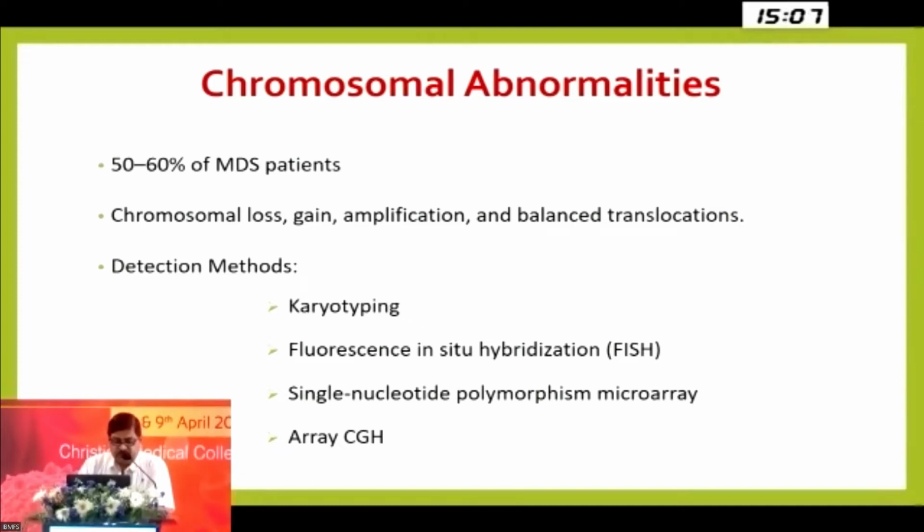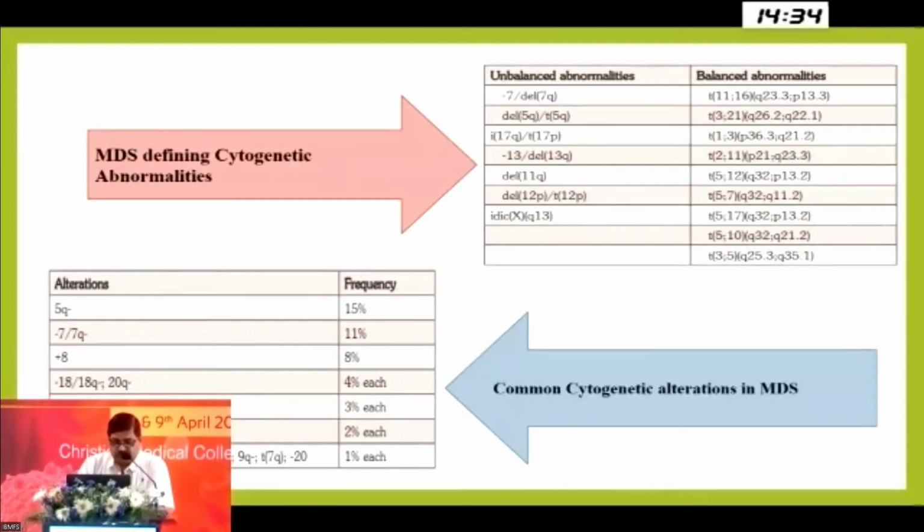And I think karyotyping is soon going to be replaced by the high density arrays because you don't have to grow the cells, it's just DNA based, and the information is huge in terms of copy number variations, in terms of uniparental disomies, in terms of copy neutral uniparental disomies, and a lot of these things will gradually be coming into most of the laboratories.